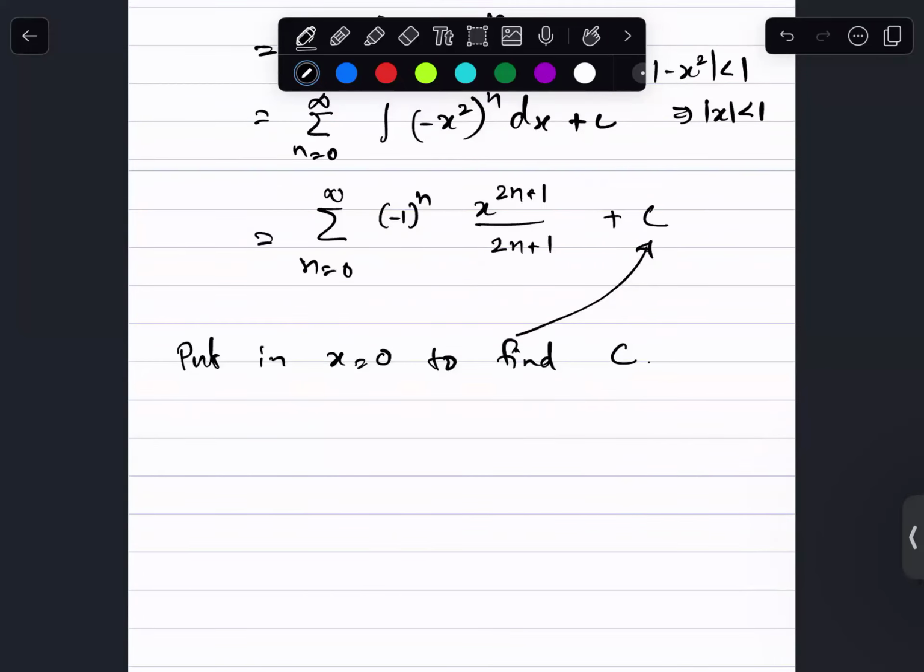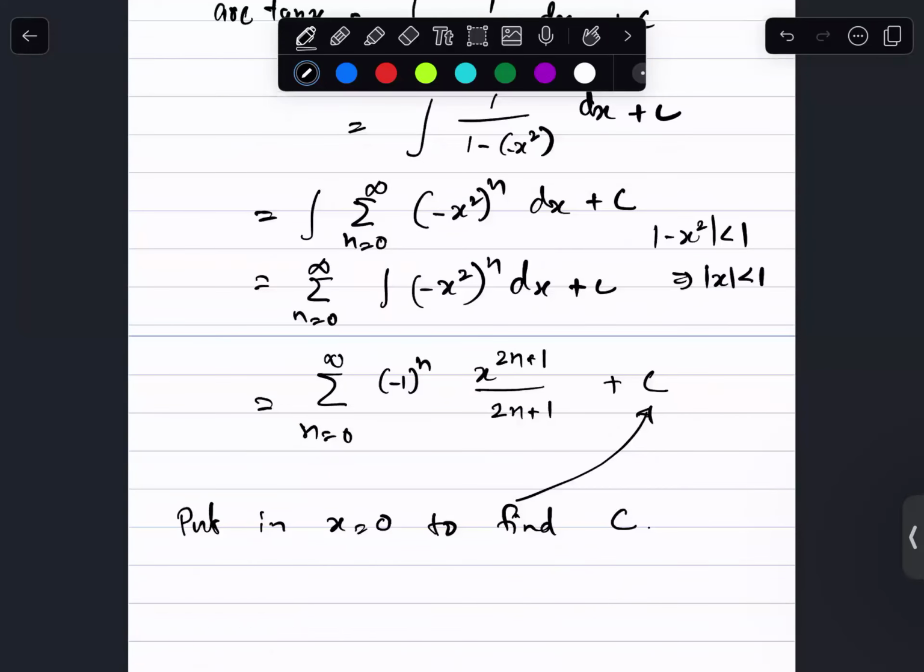So to evaluate this c, I'll put in x equal to 0. On the left hand side, I have arctan 0. On the right hand side, when n equal to 0 in this sum, it'll be (-1) to the n, x to the 2n plus 1 over 2n plus 1.